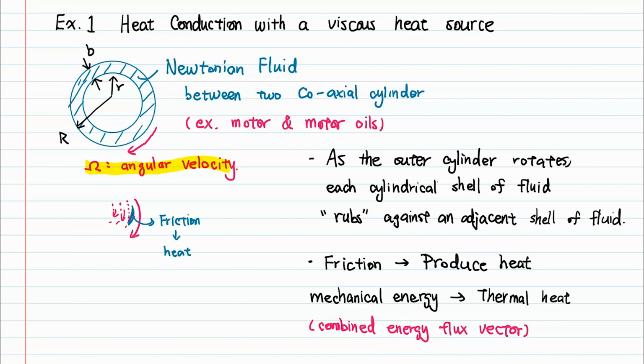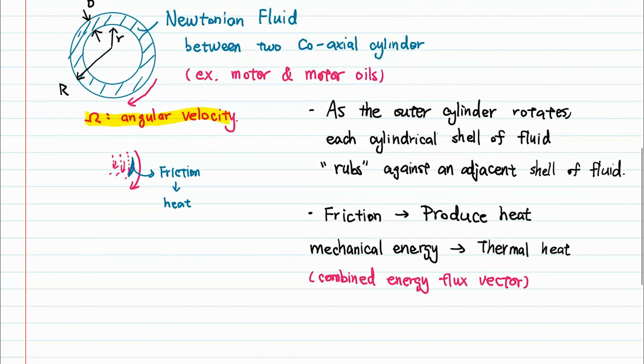And our question is, can we figure out the temperature distribution inside that liquid layer? To make our lives easier, let's make a simple assumption. What if the liquid layer is very thin? Mathematically, what if the liquid layer thickness B is much, much smaller than the radius of the outer cylinder?